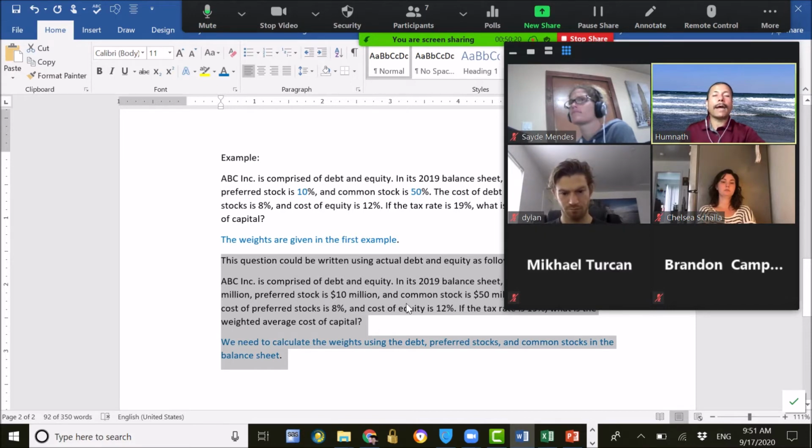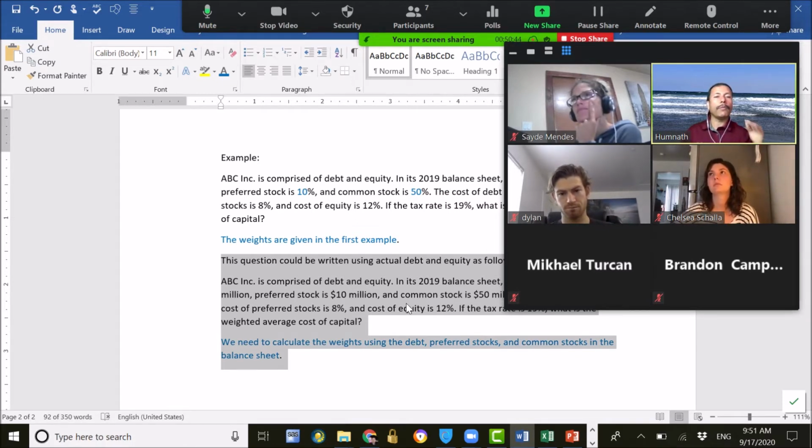So that's the only simple difference, whether you are using the book value or the actual market value. What is the difference between book value and market value? Book value is in the balance sheet. The market value is the price traded in the market, the share, the stock price, the bond price.